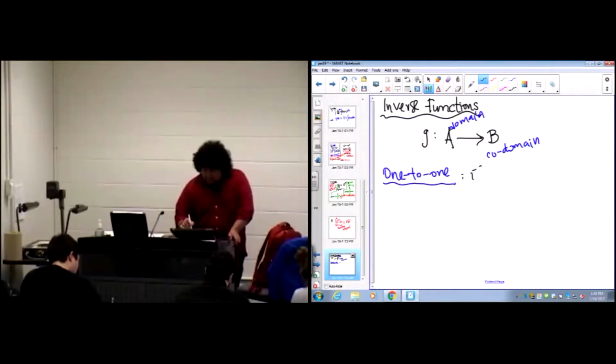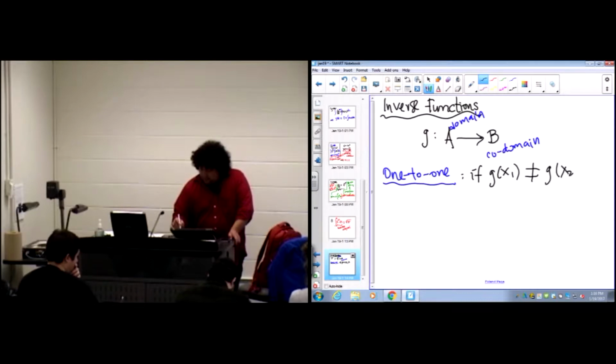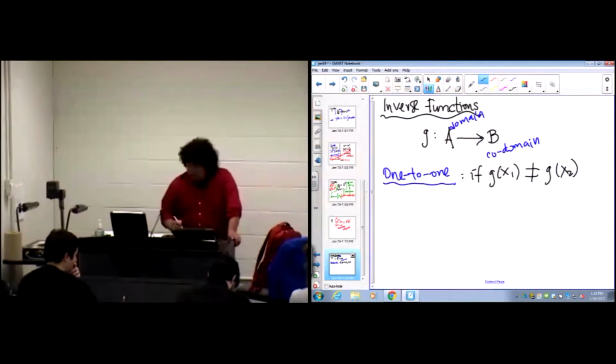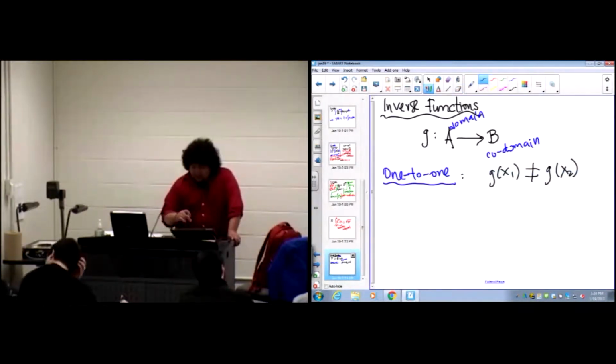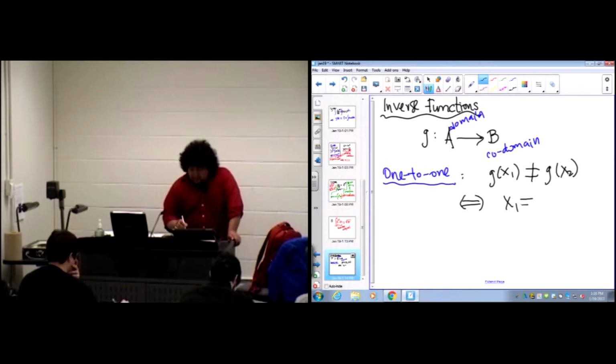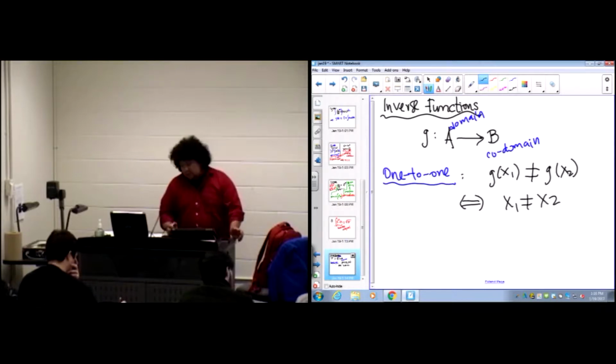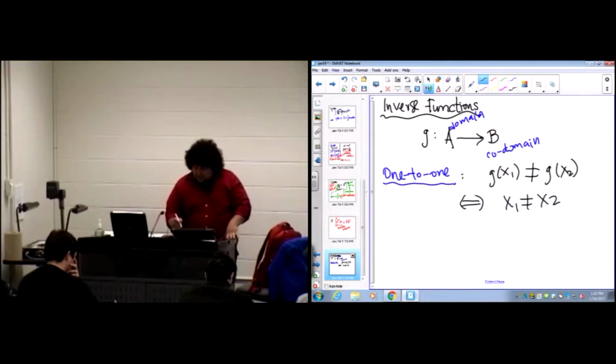This, in short, would be written in the following way: if g of x1 is not equal to g of x2, if the function evaluated at two values, if those evaluations are not equal, that's if and only if x1 is not equal to x2.